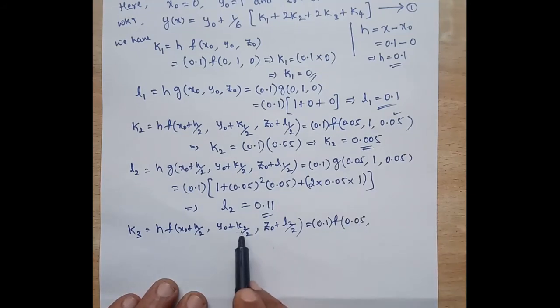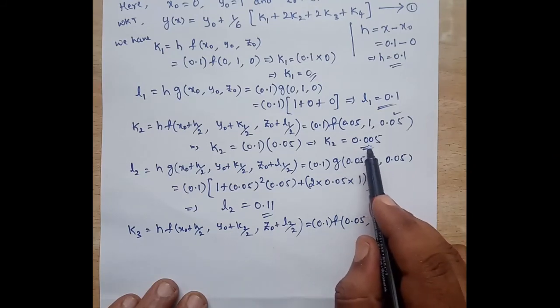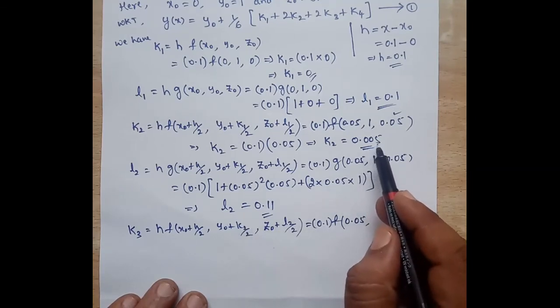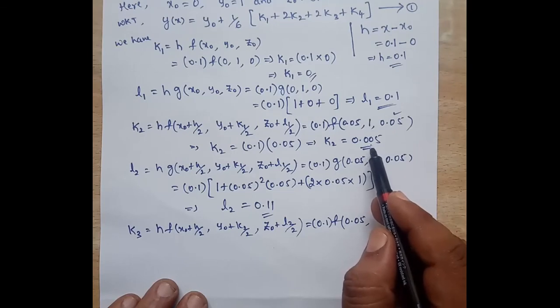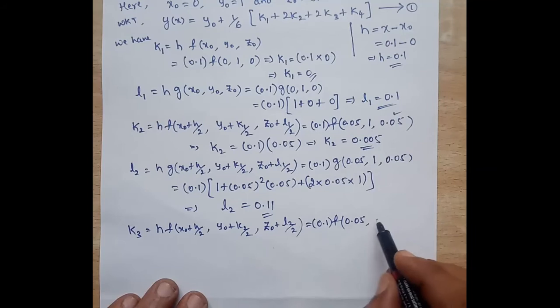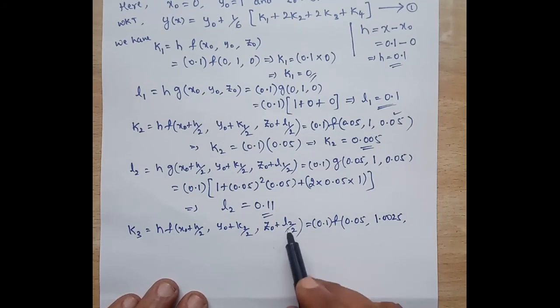Comma. Y naught plus k2 by 2. See, y naught was 1. 1 plus k2. k2 is 0.005 divided by 2. So 0.005 divided by 2 is 0.0025 plus 1. So it is 1.0025. 1.0025, plus z naught plus L2 by 2.